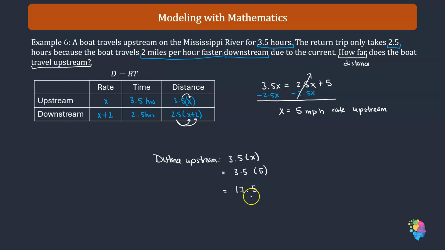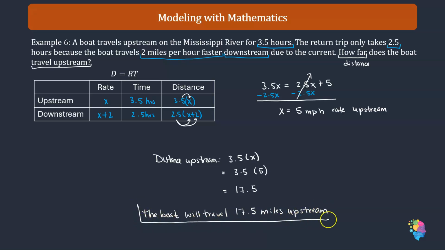So this 17.5 is the distance upstream, which is exactly what they're asking us to find. So then the answer will be the boat will travel 17.5 miles upstream.